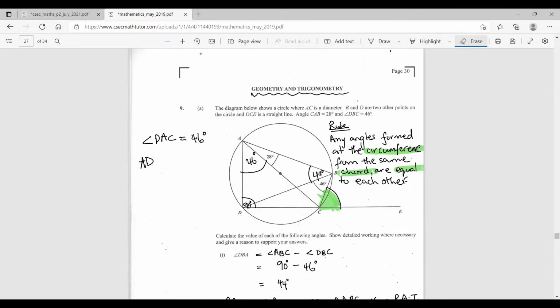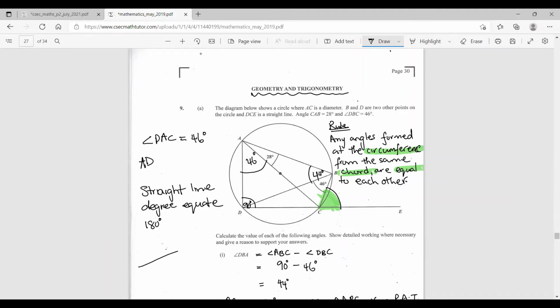Now, there's something called a straight line degrees, right? Anybody knows how many degrees is on a straight line? 180 degrees.